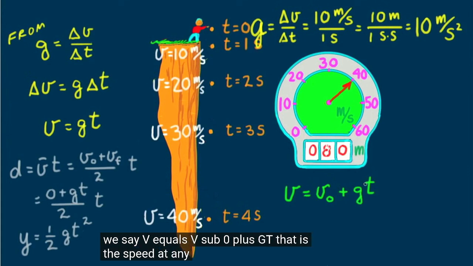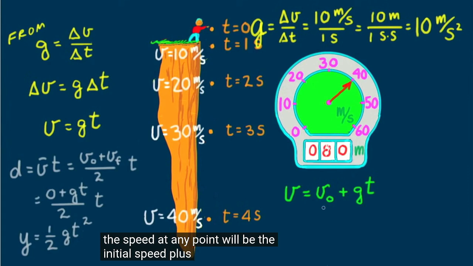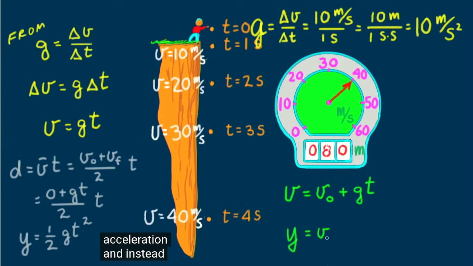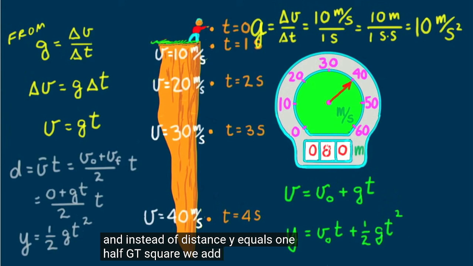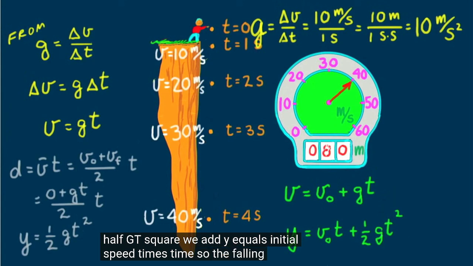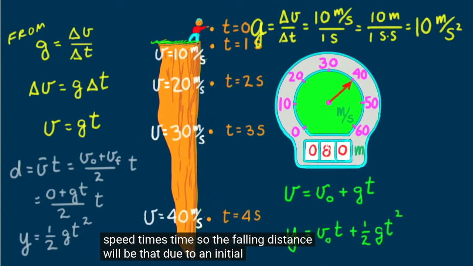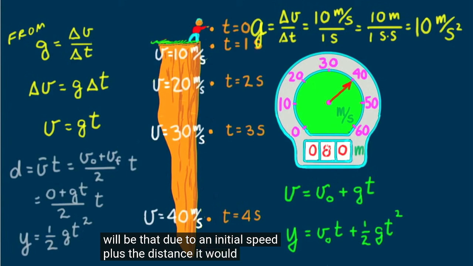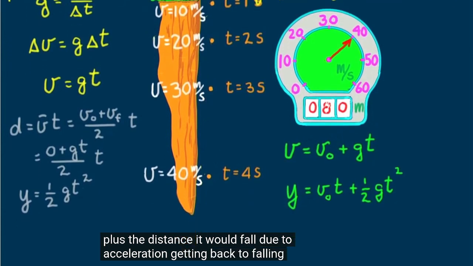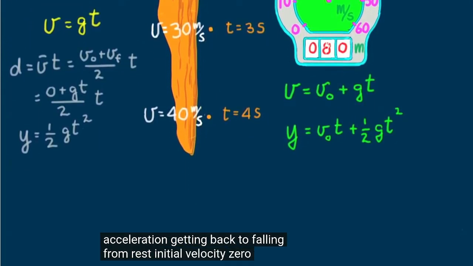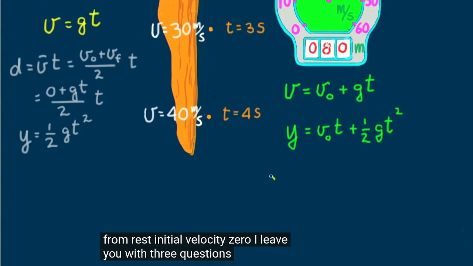That is, the speed at any point will be the initial speed plus that gained by acceleration. And instead of distance y = 1/2 gt², we add y = v₀t + 1/2 gt². So the falling distance will be that due to an initial speed plus the distance it would fall due to acceleration.